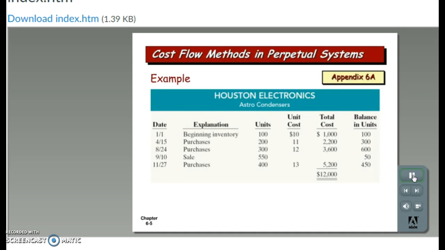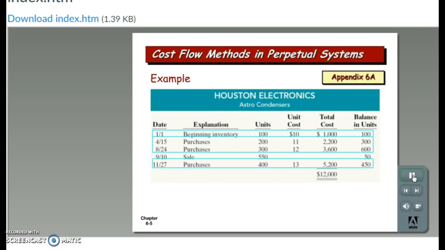The following data for Houston Electronics will be used to compute cost of goods sold and ending inventory under the FIFO, LIFO, and average cost methods. The first line shows beginning inventory. On April 15th, August 24th, and November 27th, the company purchased inventory, and on September 10th, the company sold inventory.